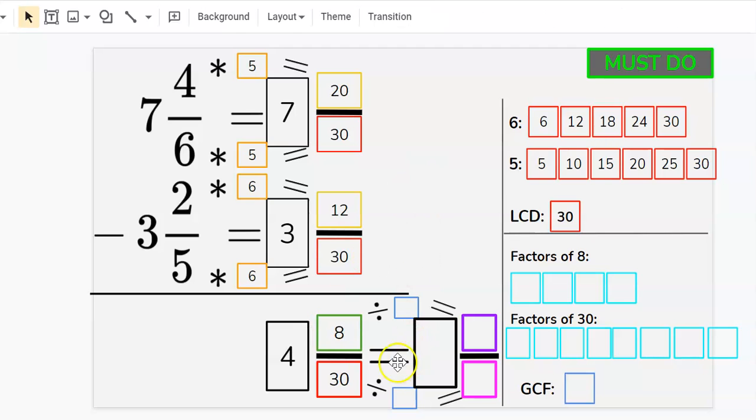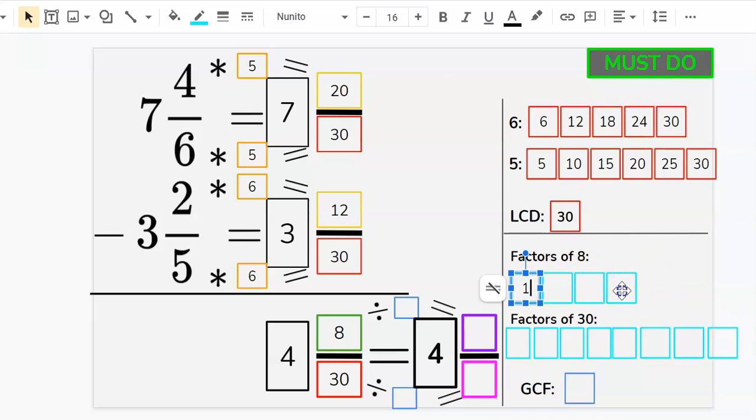And then I have to check to see if I can simplify. Remember, simplifying is trying to make this a simpler fraction to work with when we can picture in our head better. Our whole number will be staying the same, so right away I'm going to just rewrite that 4. But then in order to simplify 8/30ths, I'm going to list the factors of 8 and the factors of 30. Remember, when we list the factors, we always start with 1 and the number itself.